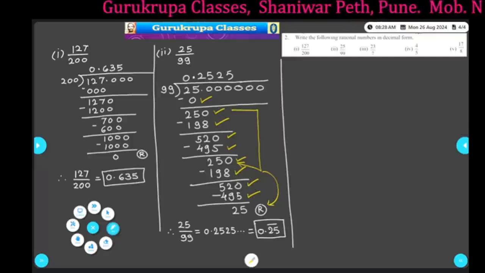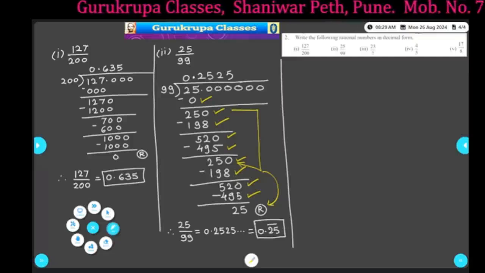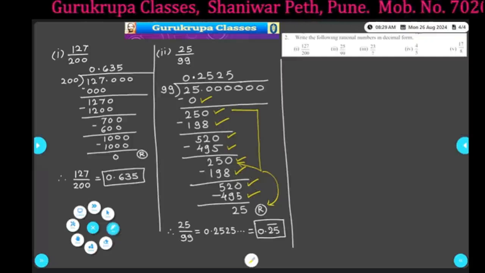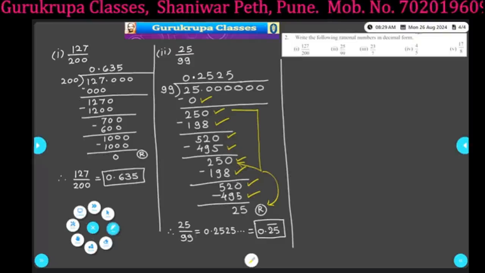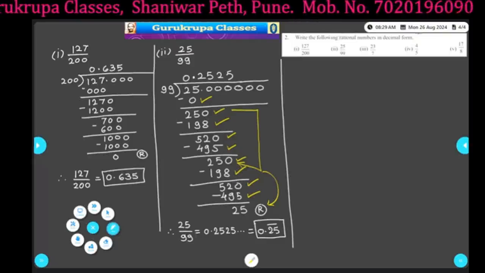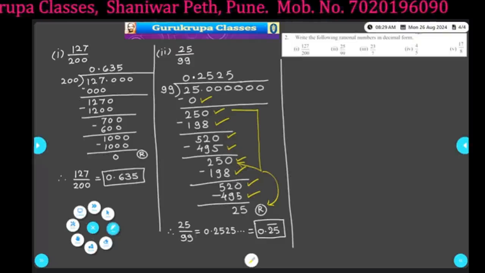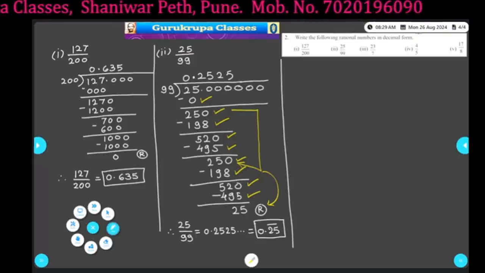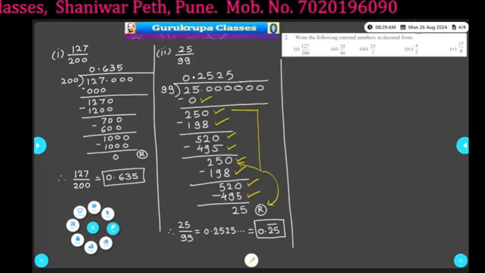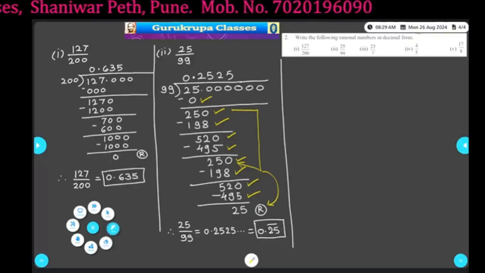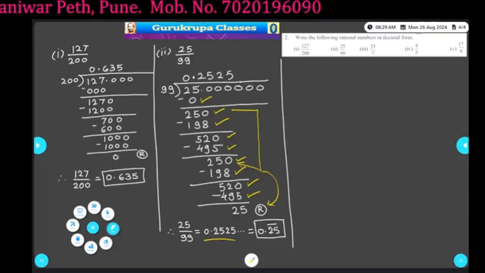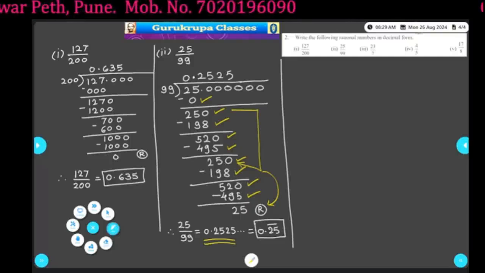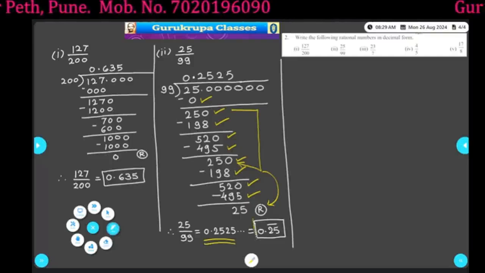So we show it for confirmation, and it is confirmed that after the point, the digits 2 and 5 are recurring, meaning coming again and again. Therefore this decimal form is non-terminating and recurring. So 25 upon 99 is equal to 0.2525..., and that is the final answer.